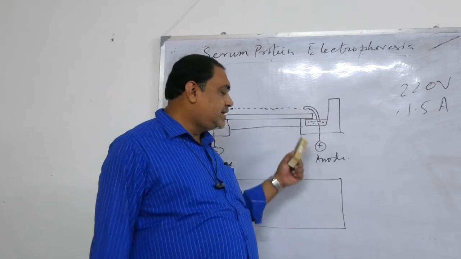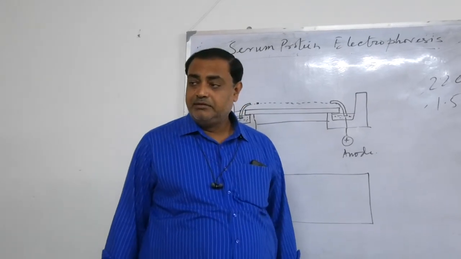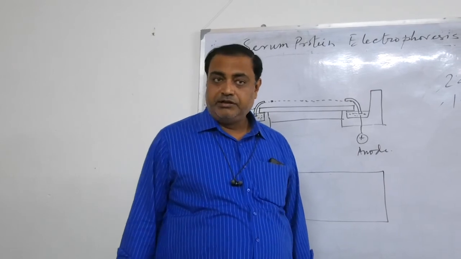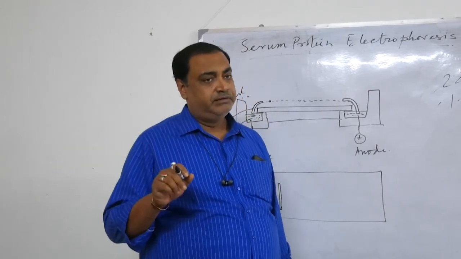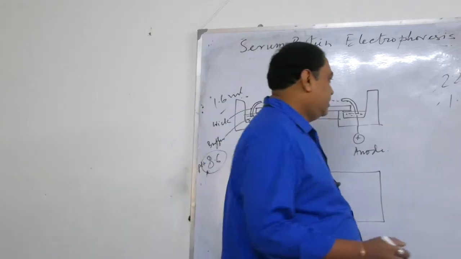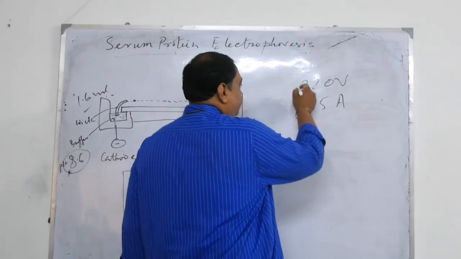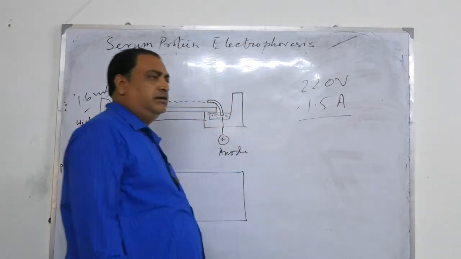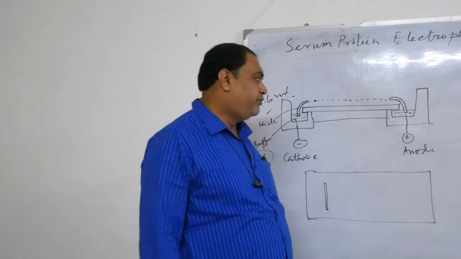If there are 10 slides, then 15 ampere total current should be there. Then per slide we will have 1.5 ampere. Follow? Now, when we send current to anything, we follow this rule.